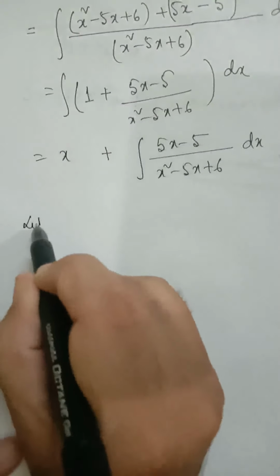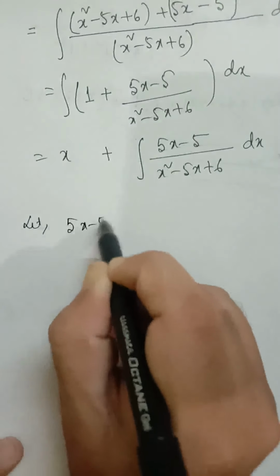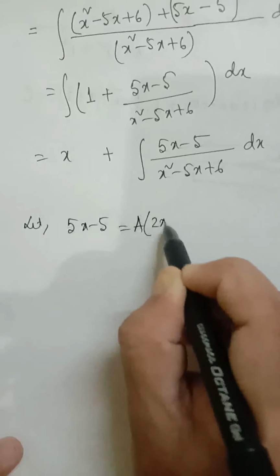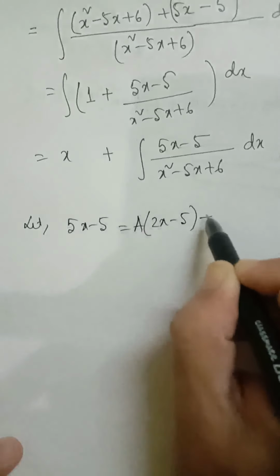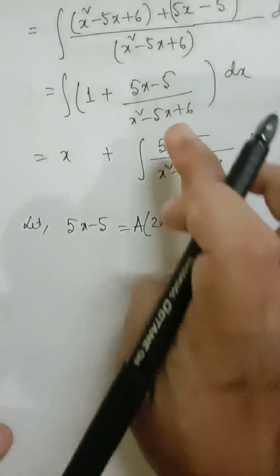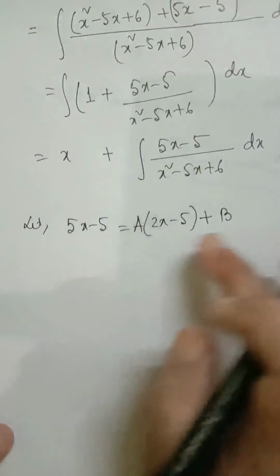What we do, we write numerator equal to a into derivative of denominator, which is 2x minus 5, plus b.